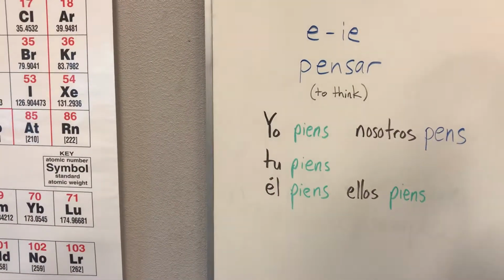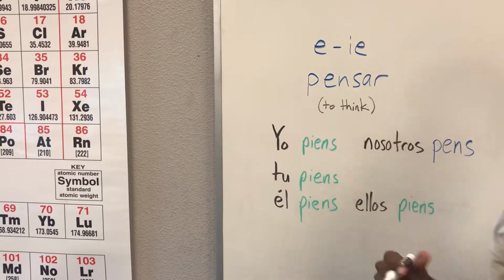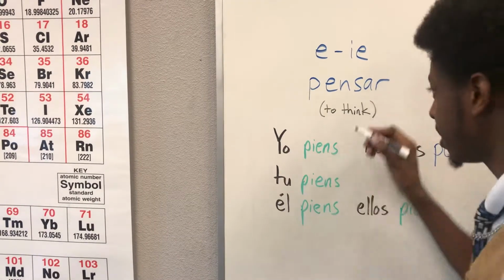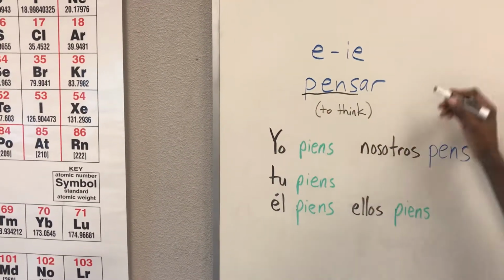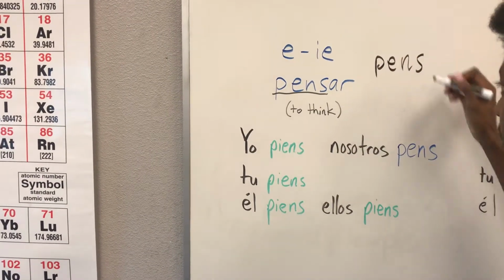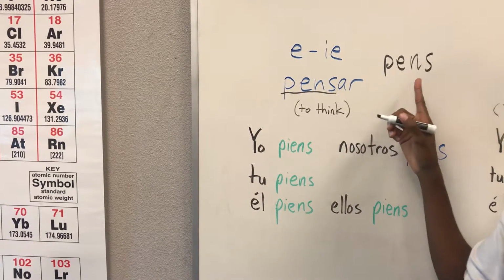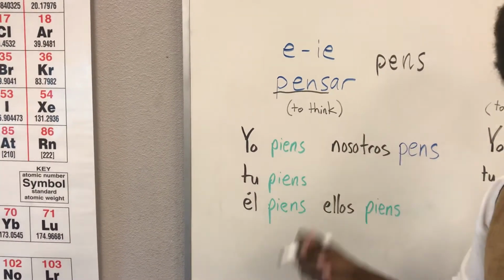So what that means is we're going to find the stem. And here, the stem in pensar, remember the word minus the ending, is pens. So let's write that over here. Pens. All right? So this is the old stem. This is the stem in the word pensar. And we're going to change it so that we can conjugate it.